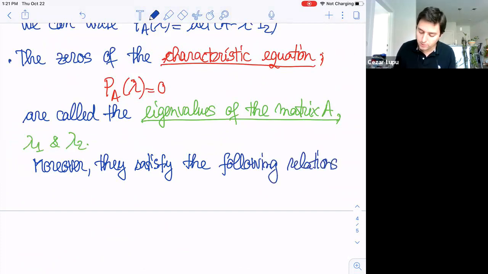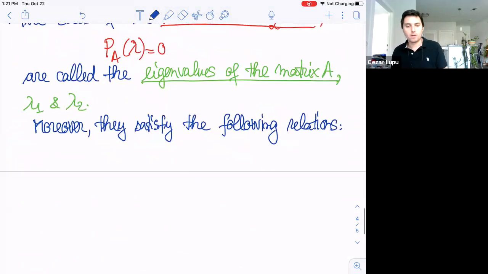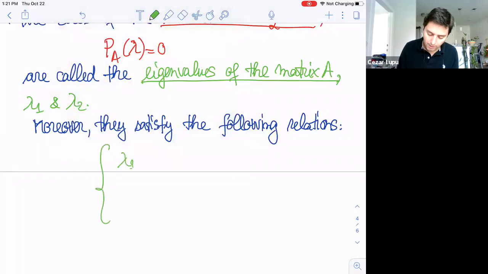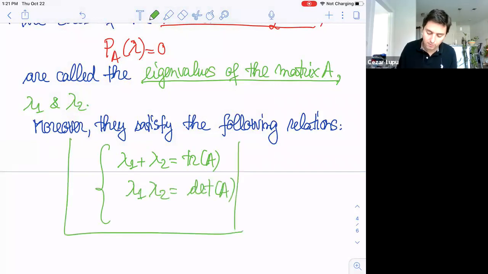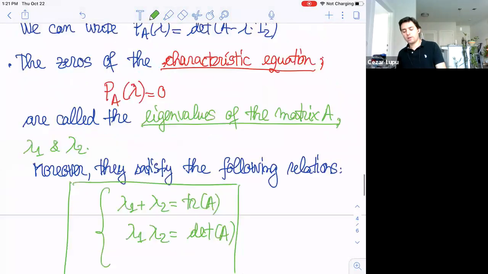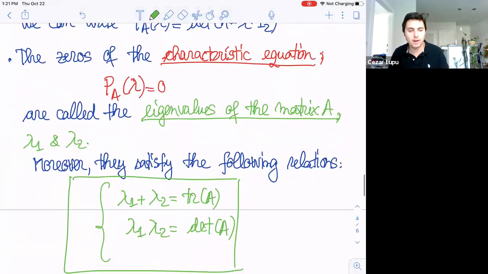Let's see what kind of relations they satisfy. Let me write them like this. Lambda 1 plus lambda 2 equals the trace of A, from Viète's relations. And lambda 1 times lambda 2 is the determinant of A. This is what they satisfy, right? Keep that in mind.